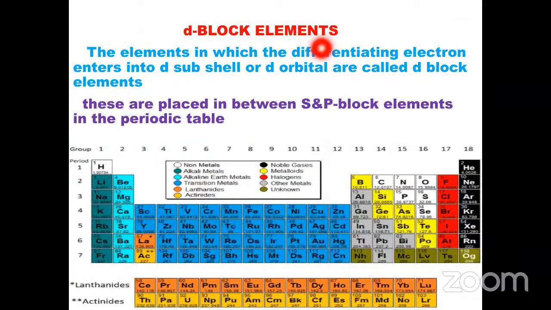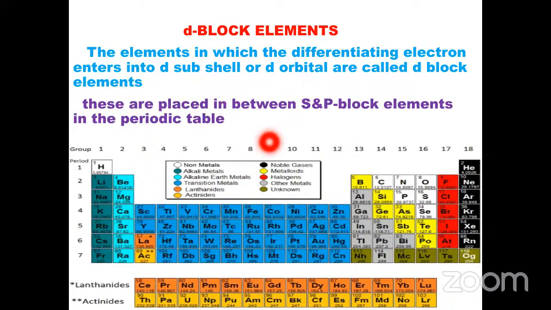D block elements. What are the D block elements? The elements in which the differentiating electron enters into D subshell or D orbitals are called D block elements.